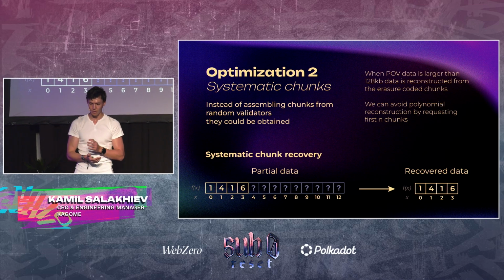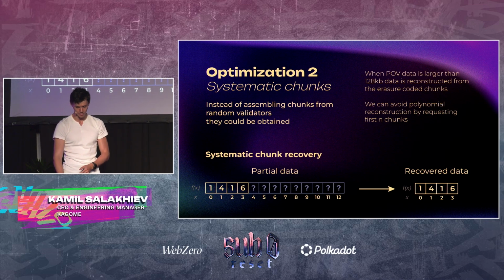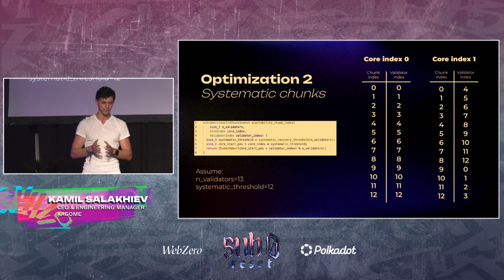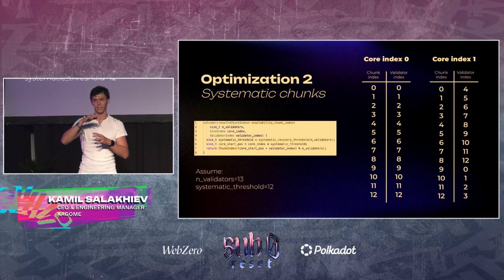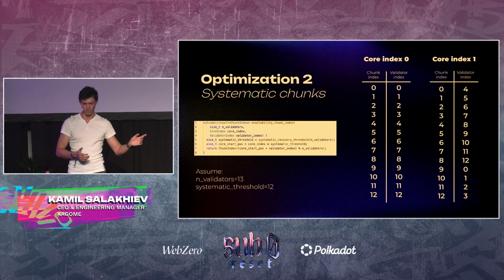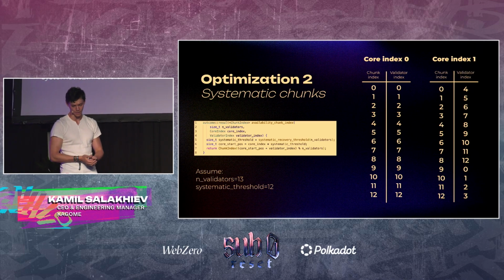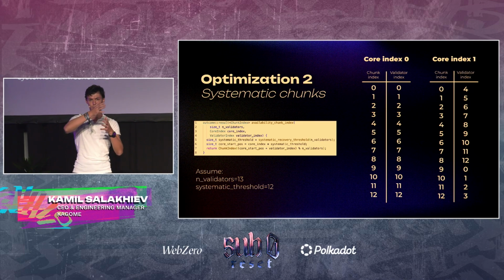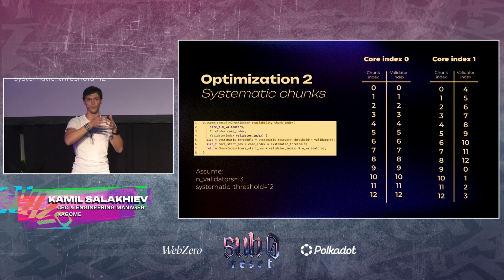And that also works. However, another similar problem that we could face is that if we always request chunks from validators who have the first n chunks, they would experience constant pressure, a lot of traffic, a lot of congestion, which we really want to get rid of. So what we do, which was proposed in RFC 47 by one of the Parity developers, is we introduce chunk rotation, where we don't always have the situation where the first n relay chain validators have the first n chunks.